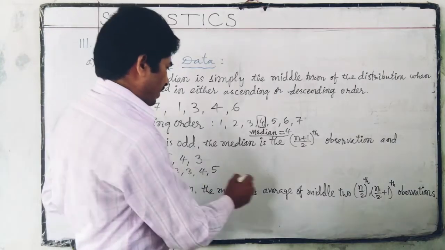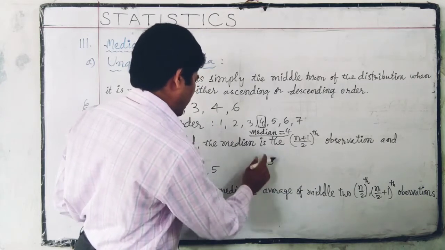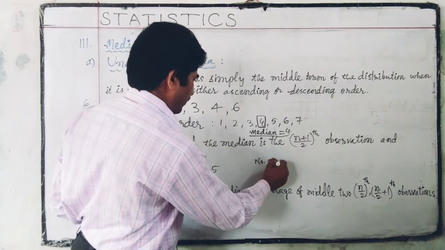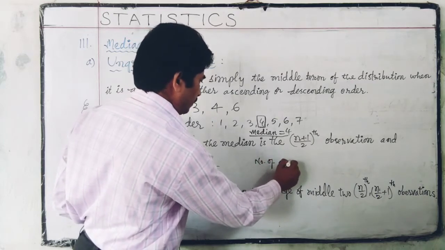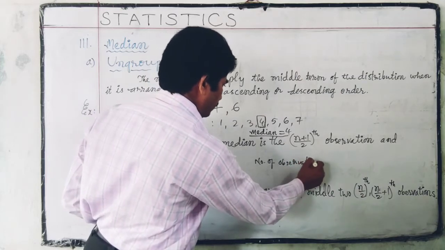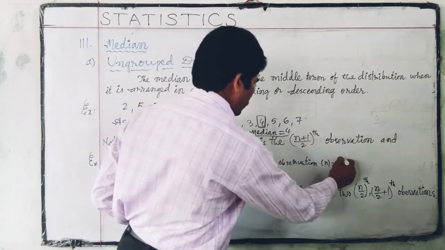So here how many observations? 5 observations. Number of observations n is equal to 5.